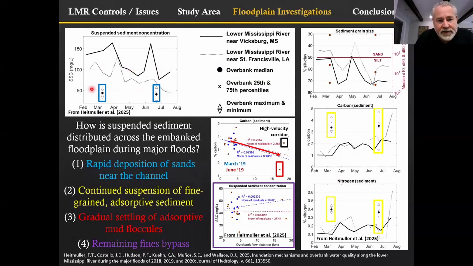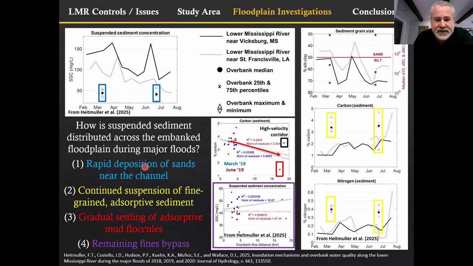When we take a look at those same samples that we obtained, these again were depth integrated samples that were averaged over multiple sites across the embanked floodplain, we also noticed that adsorbed or particulate carbon on those sediments and particulate nitrogen were considerably higher than those levels that we saw in the actual river channel upstream and downstream.